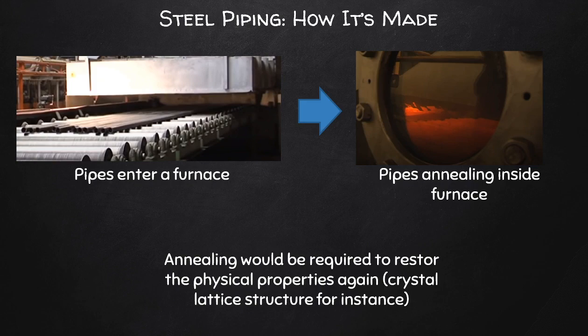Usually the furnace is operated continuously in an inert atmosphere to realign the crystal structure within the pipe or within the steel. And this helps to remove those stresses that came into the pipe. And this process is called annealing. So we anneal the steel using heat. We reset the crystal lattice of the steel.